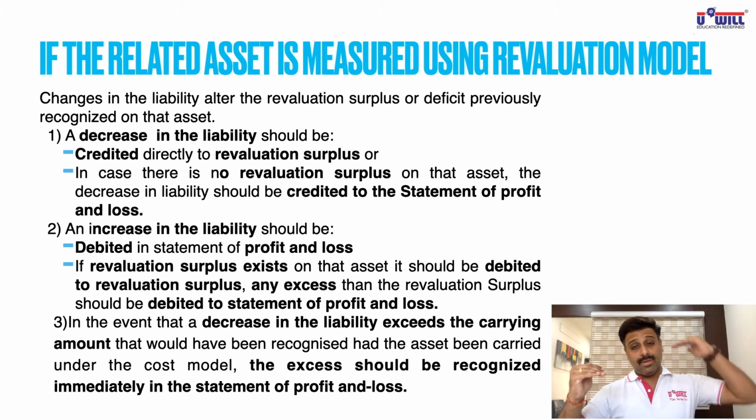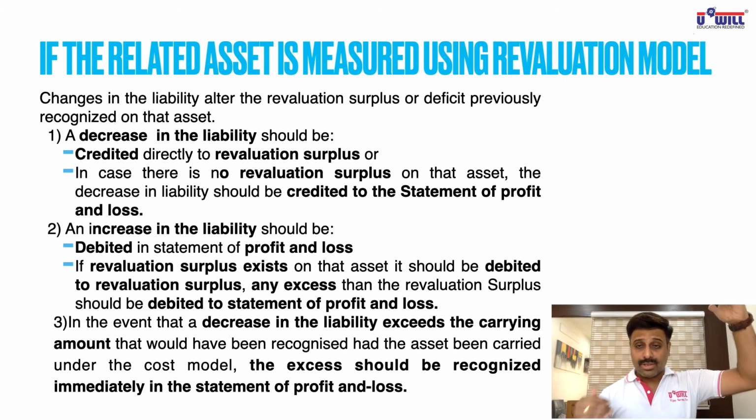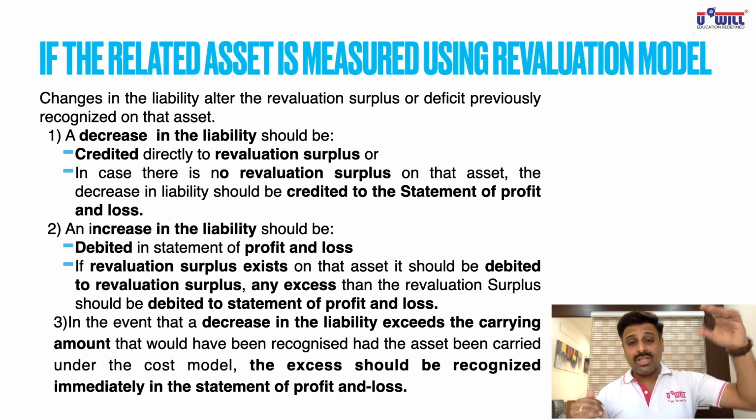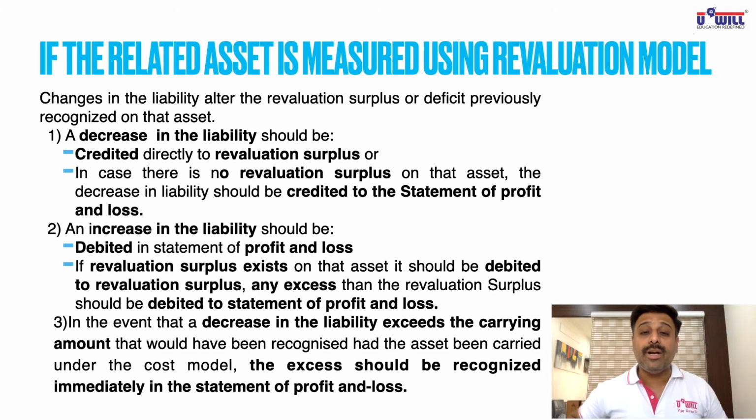But in the past, it was 15,000 up, now 10,000 down. Then you debit that 10,000 from that revaluation reserve, which already has the balance of 15,000. And if the value going down is more than that 15,000, then 15,000 you debit to revaluation reserve, and the excess amount you debit to profit and loss account.